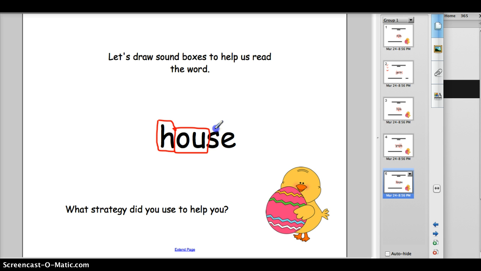Ow, s, ow, s. So OU and OW make the ow sound, like in cow, and in the word ow, s.